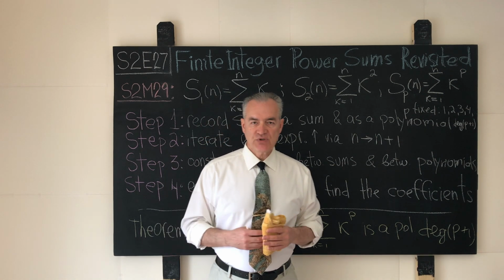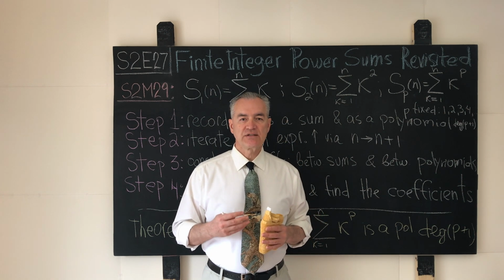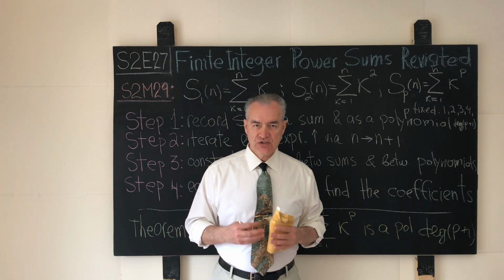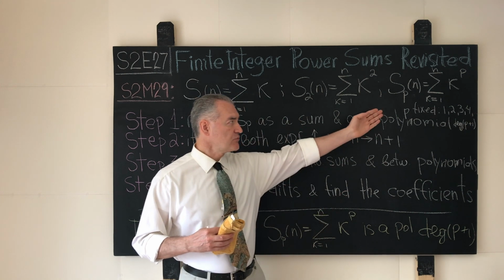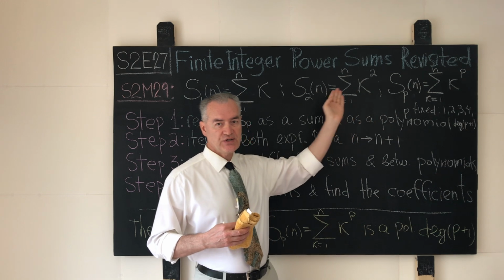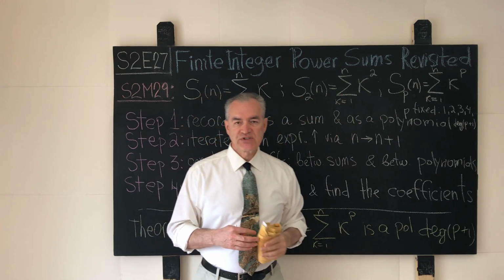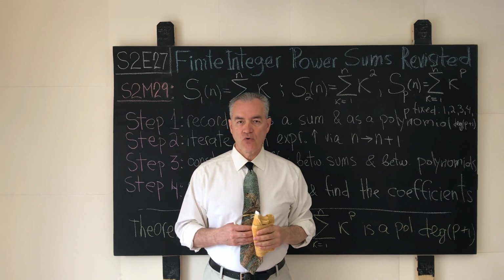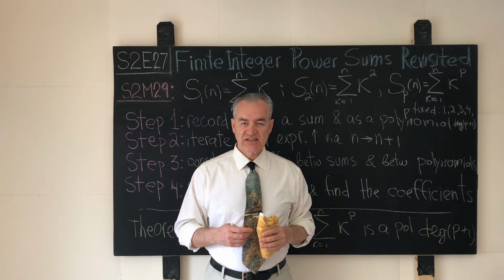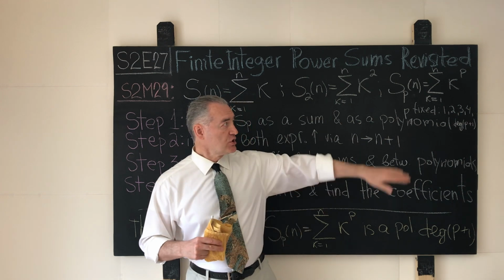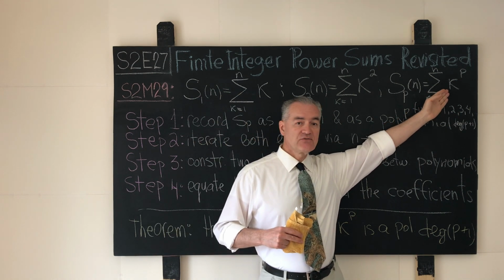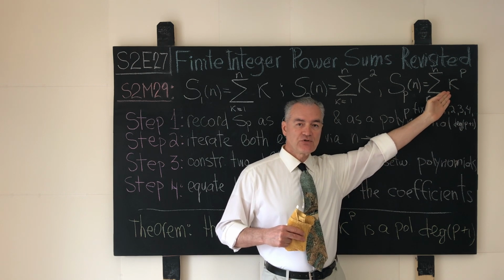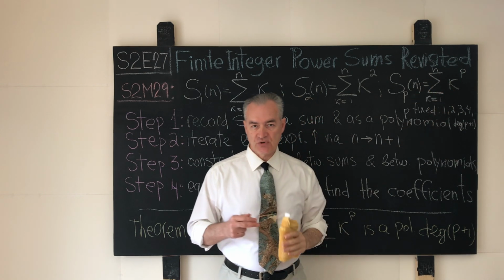However, at the end of the previous episode, we also collected a reasonable amount of evidence showing that each and every such sum can be represented as a function of n as a polynomial of degree precisely 1 larger than the fixed power p, to which each summand is raised.